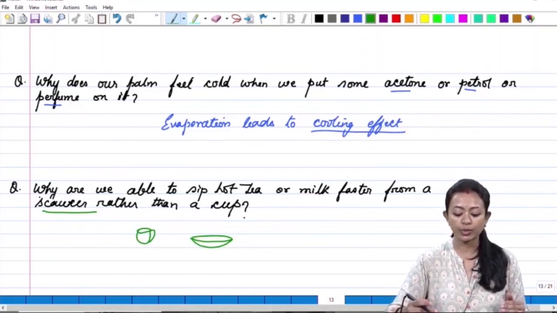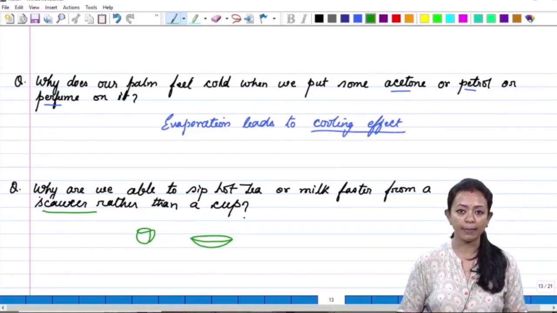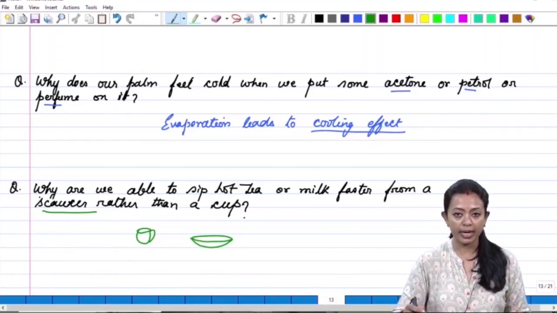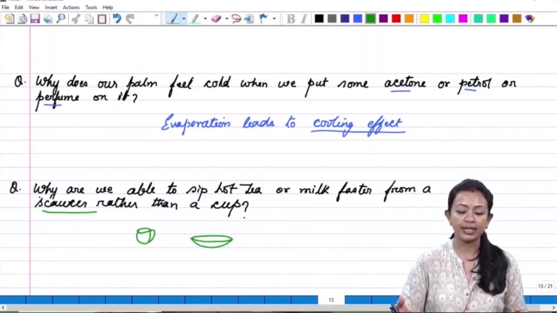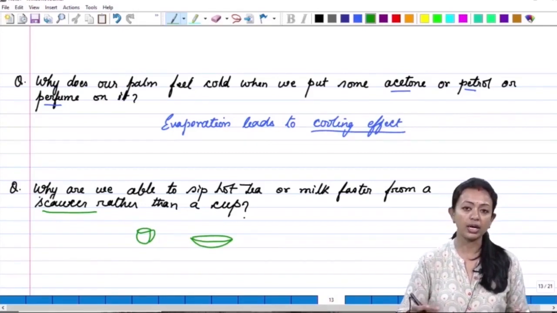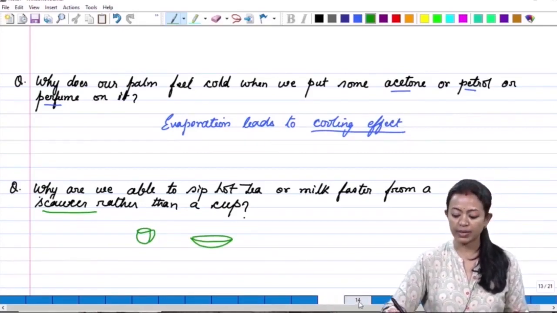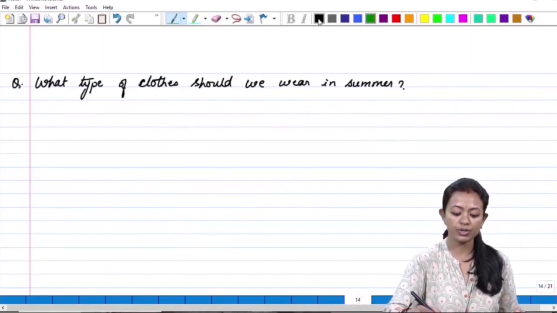So the liquid on the saucer would be cooler faster in comparison to the cup. That's why we are able to sip hot tea or milk placed on a saucer rather than in a cup.